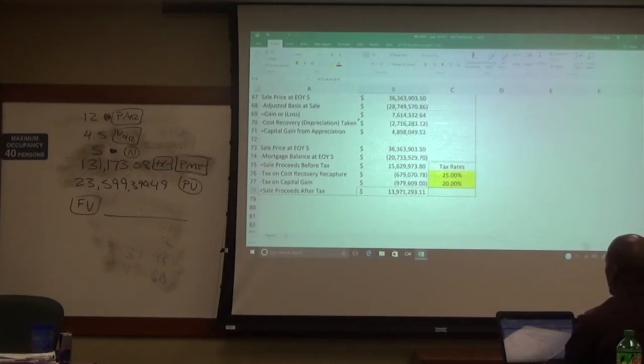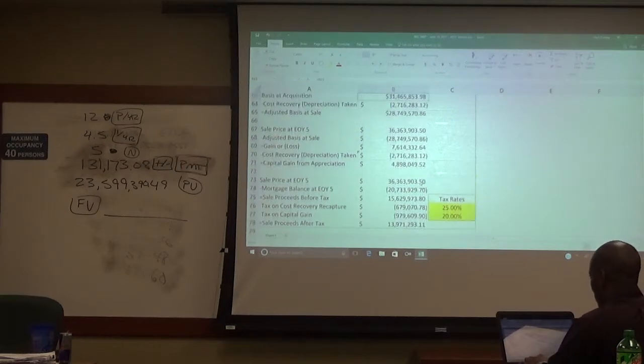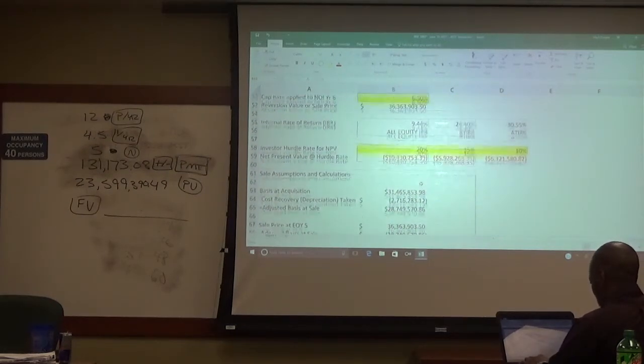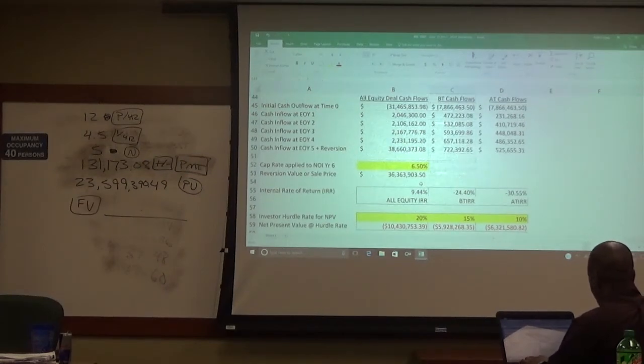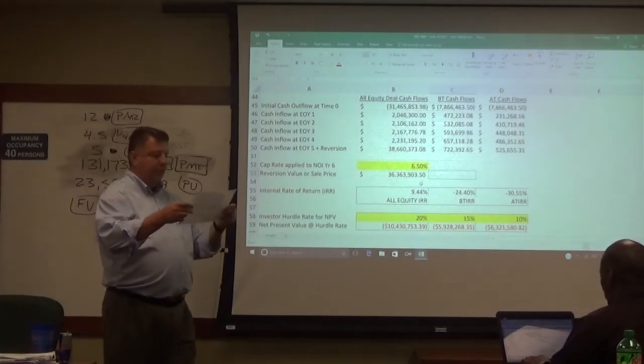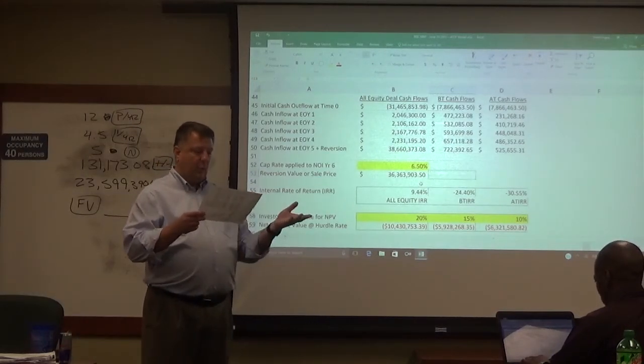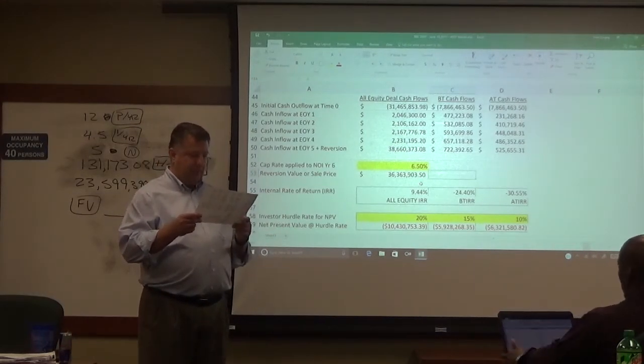We got that. Now, let's finish up a couple of quick little things up above that we need to take care of. Specifically, we need to fill in the values for the reversion for the before tax and the after tax. So let's start with before tax. I'm giving you the number here: 15,629,73.80.